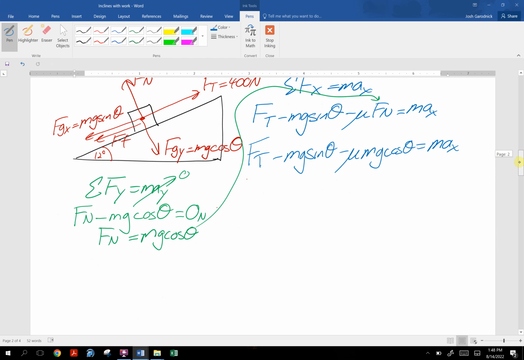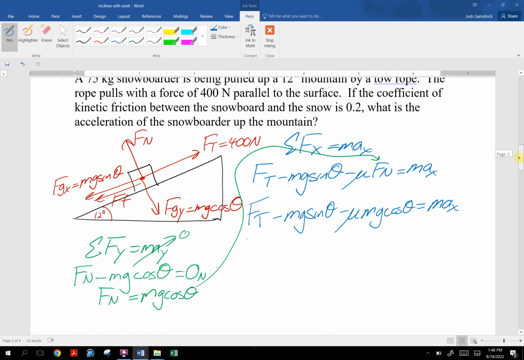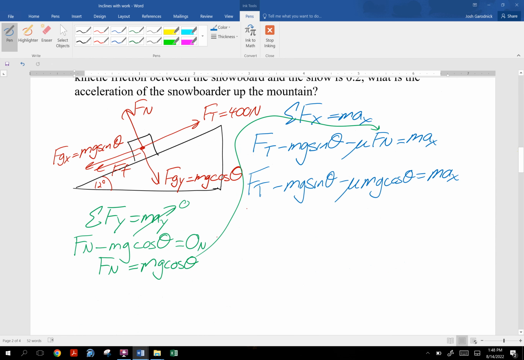I'm going to scroll down here because I don't have a lot of room. 75, 12, and 0.2. Let's see how well we can do this. Scrolling here, because it's going to be a long equation. We have 400 newtons acting to the right minus a 75 kilogram person acted upon by gravity at an angle of 12 degrees minus mu times the normal force, which is mg cosine theta.